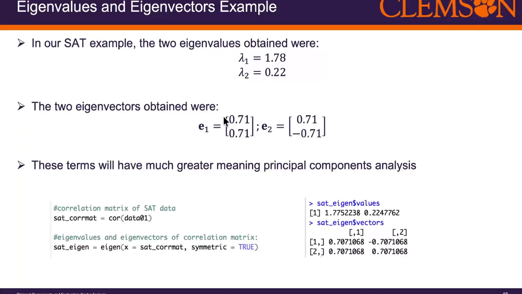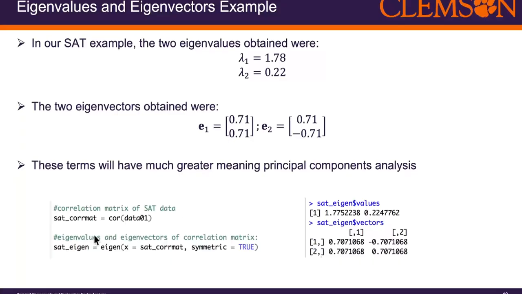The two eigenvectors we obtained would be the first one, 0.71 and 0.71, the two elements, and then the second, 0.71, negative 0.71. You can see if we did the dot product, we just multiplied each of these elements and summed them, you'd get 0.71 squared minus 0.71 squared, which sums to 0, showing that.